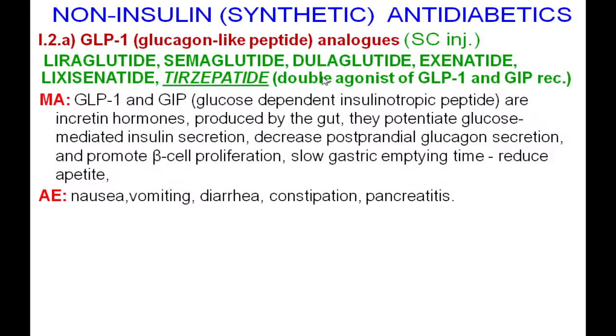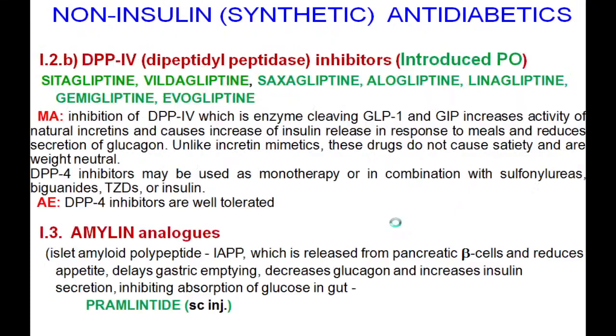These preparations are effective but introduced in the form of subcutaneous injection. So the principle of their action is stimulation of insulin release and inhibition of glucagon release. But these agents can cause side effects: nausea, vomiting, diarrhea, constipation, and pancreatitis. So these are incretin mimetics.